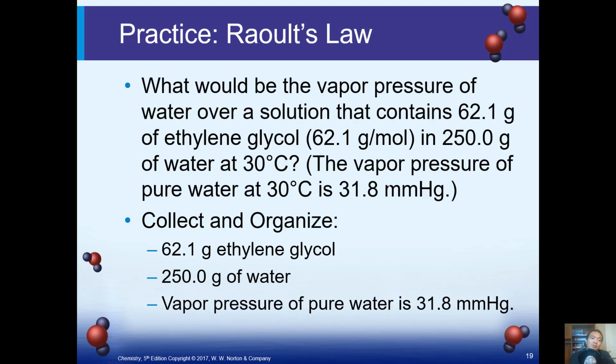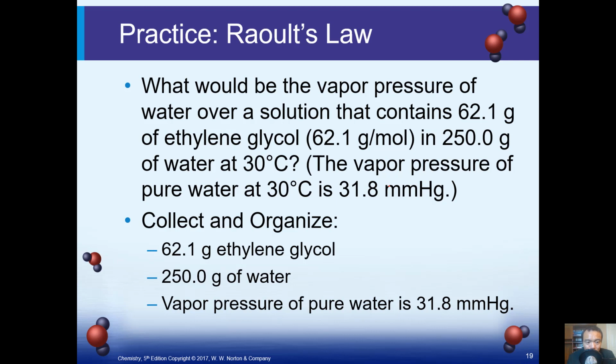Let's look at one example of how we do this calculation. In this example, it's asking you for the vapor pressure of the water over a solution that contains 60.2 grams of ethylene glycol, with 62.1 grams per mole as the molar mass, in 250.0 grams of water at 30 degrees.